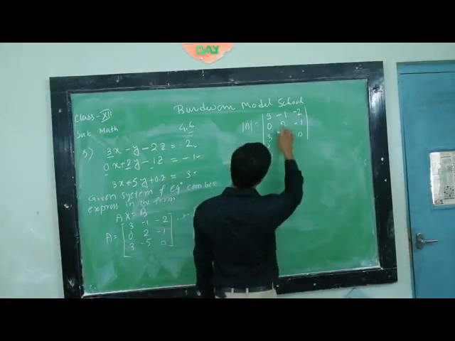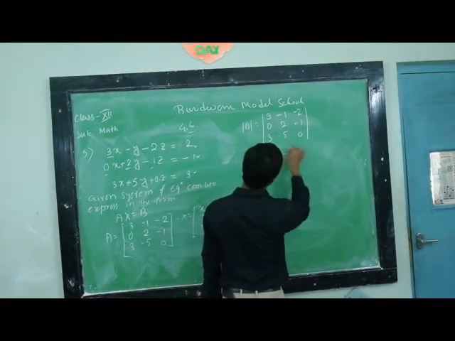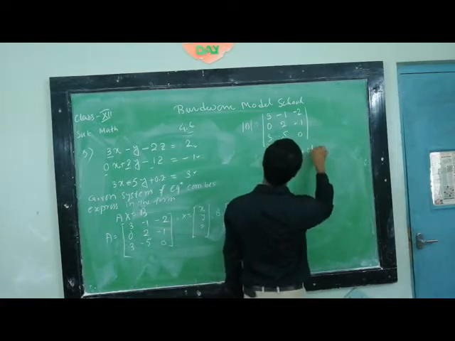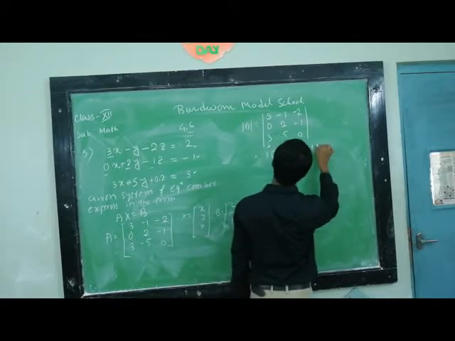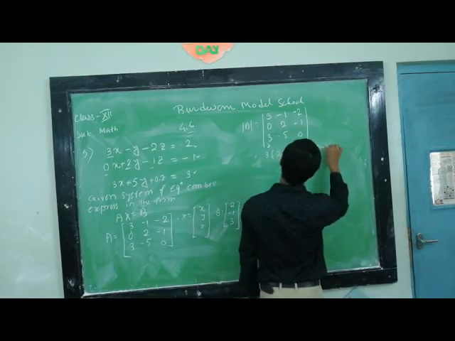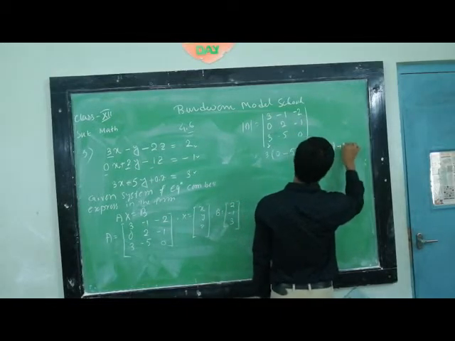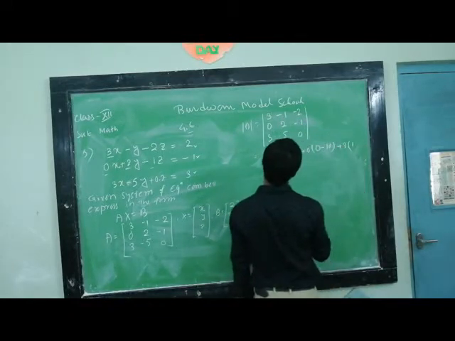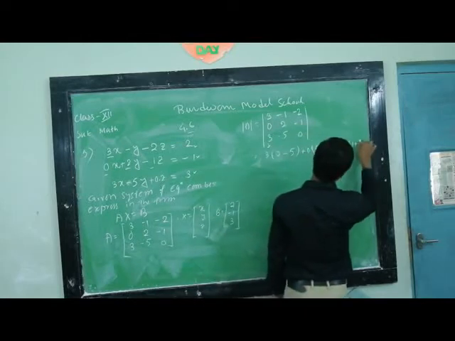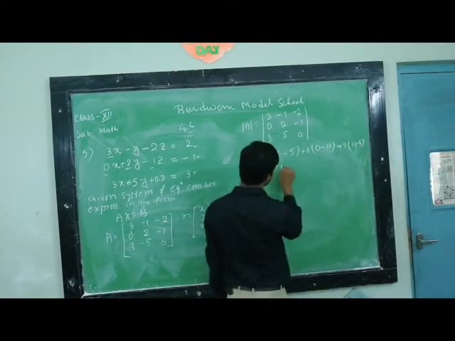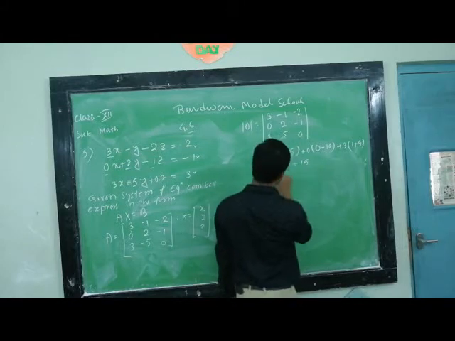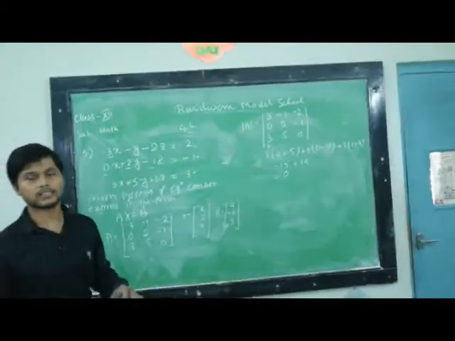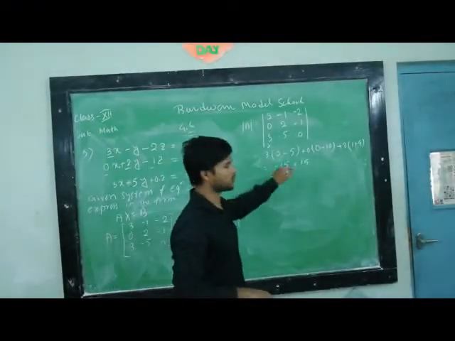So 3 into (2 times 0 is 0, minus -5, that is 5) plus 0 into this, that is 0, and this is -10 plus 3 into (-1 minus, plus 1 and 2 twos are plus 4). That means this is -15 plus 15, which is equal to 0. That means the given matrix is a singular matrix, as the value of the determinant is 0.